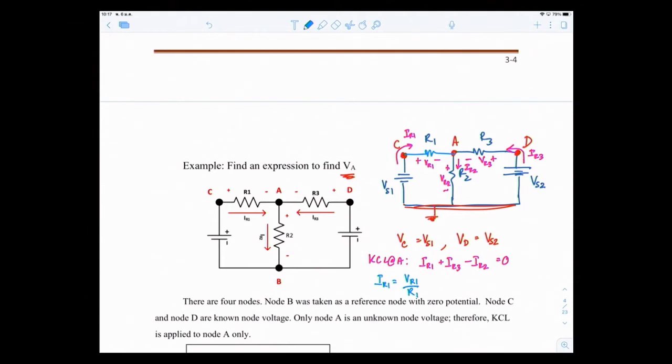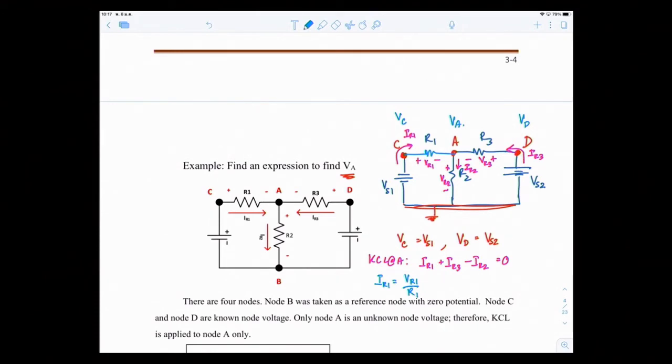But the voltage drop is still not in terms of node voltages, because node voltages would be VA, VC, and VD. So what is VR1 then?